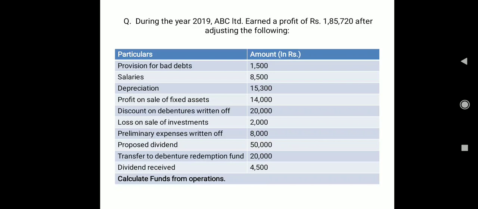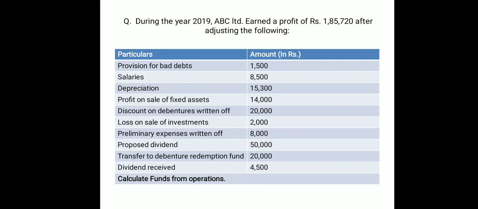Then next we have depreciation, a non-cash item, so definitely we have to add back the depreciation amount to the given profit. Next, profit on sale of fixed assets, this is your non-operating profit, so we have to deduct it from the given profit.